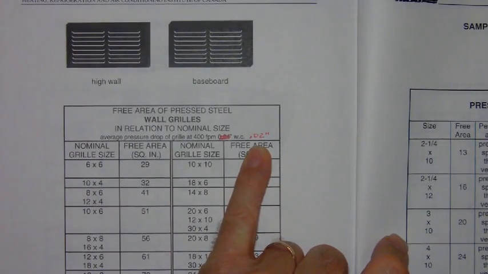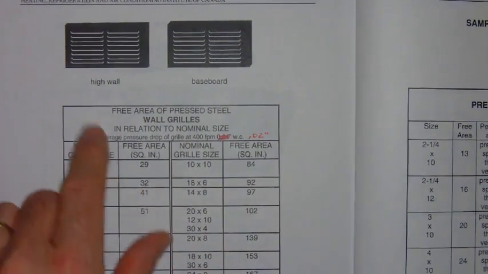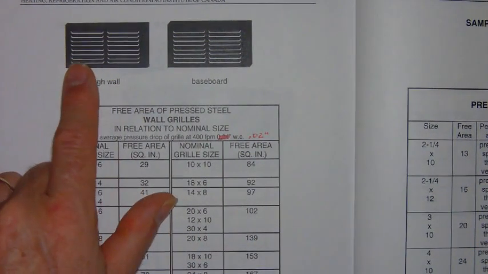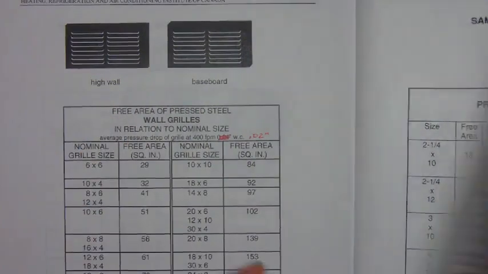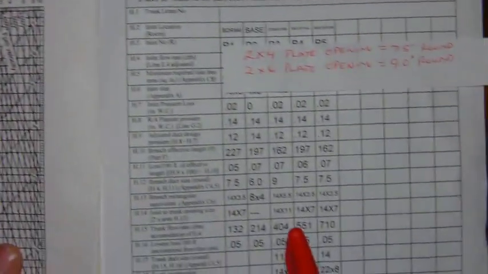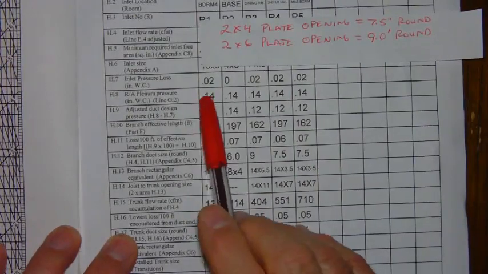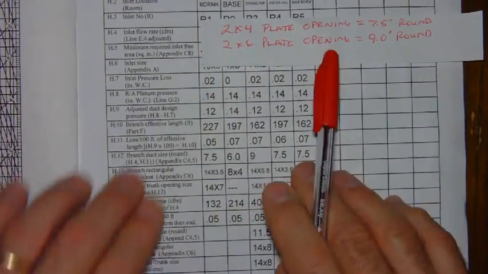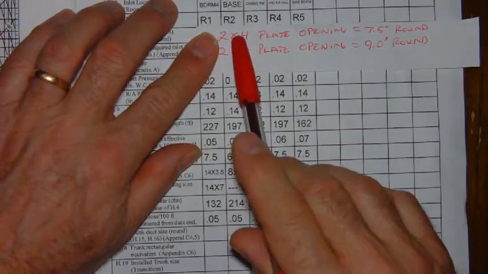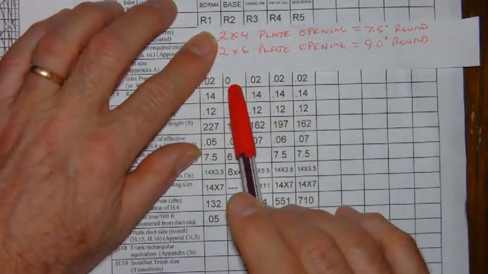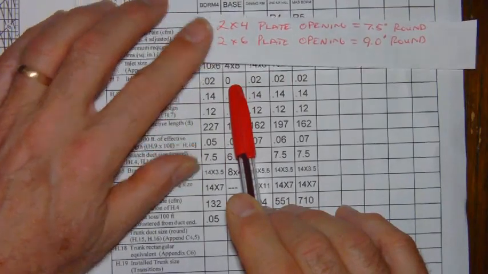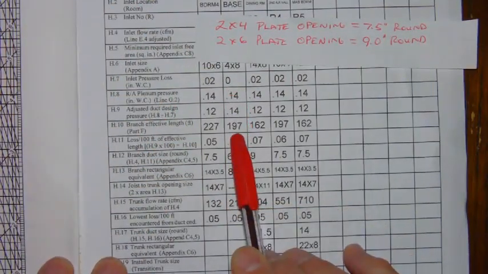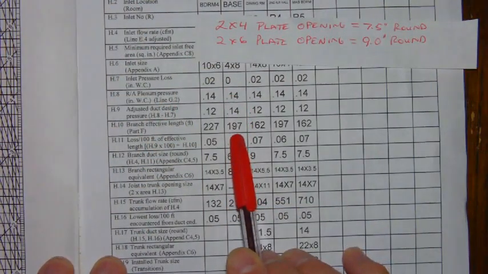This is an average pressure drop, and this would apply to any grill that's a steel pressed grill. So you can add the inlet pressure in row H7. Note that for R2, which is the basement, there is no grill there, and so that's why there's a 0 on the pressure loss.